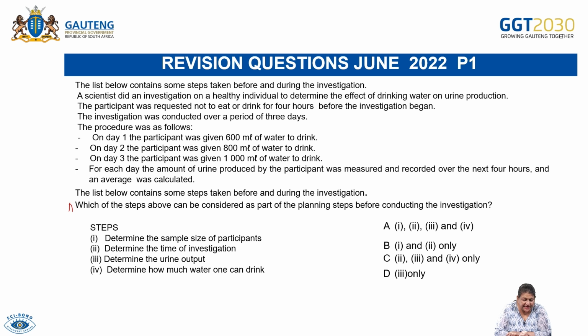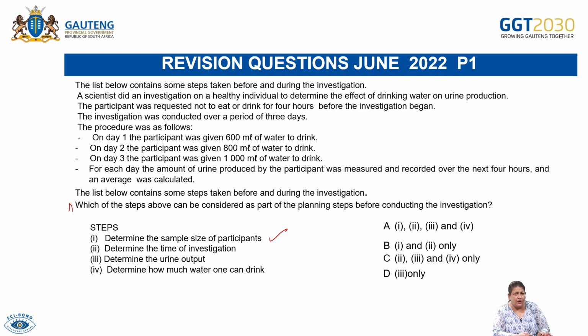Determine the sample size of your participant. Yes, you need to know how many participants am I going to use for this investigation. So that is to determine the sample size of the participants, which is correct. You also need to know the time and duration of the investigation. What time I'm going to do this investigation? Must I do it at night and then see his urine output? Must I do that in the morning?